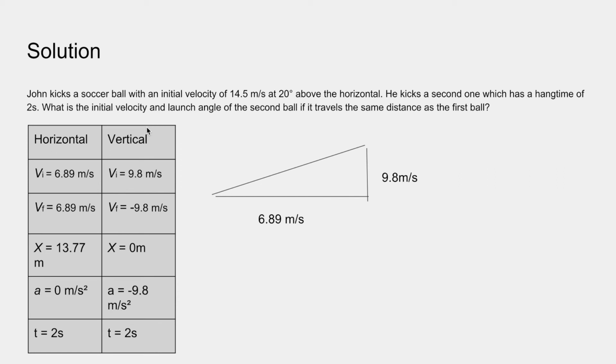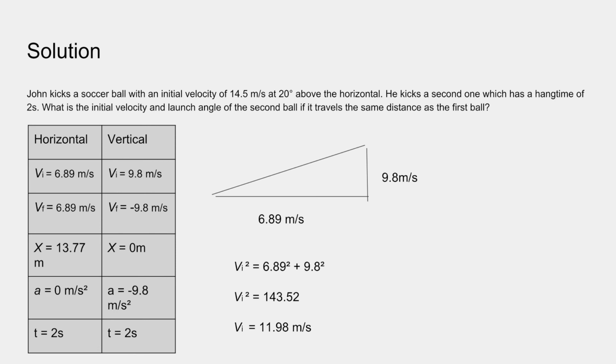The initial velocity squared, which would be c squared, is equal to 6.89 squared plus 9.8 squared. So the initial velocity squared is equal to 143.52, and if you take the square root of both sides, you're left with the initial velocity being 11.98 meters per second.